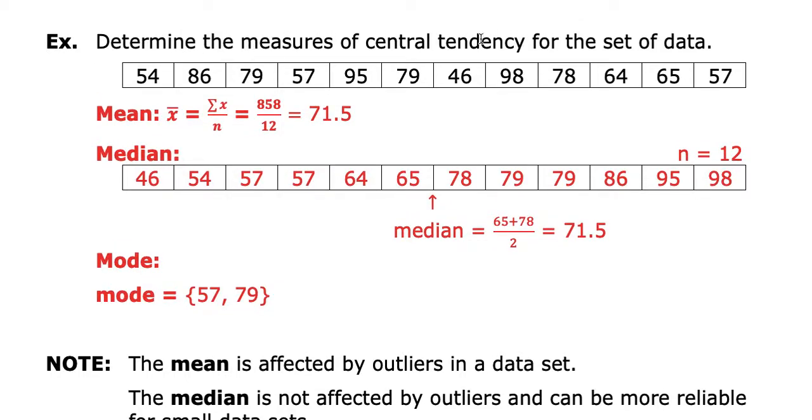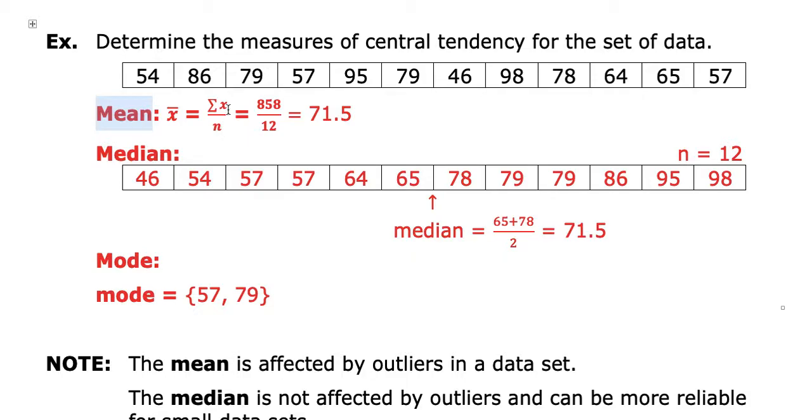Example, determine the measures of central tendency for the set of data. So measures of central tendency include mean, median, and mode. So here is the set of data. It's not in order, but that's not necessary for the mean. The mean, we can add these up and divide by the total number.